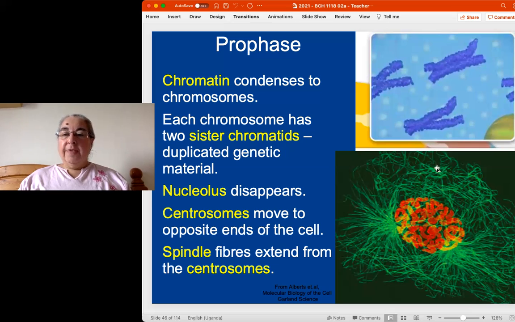I think you can just about see in this electron micrograph again that the chromosomes appear thick and two parts joined together. The other thing that happens during prophase is that the nucleolus disappears. Remember that the nucleolus is not actually a structure inside the nucleus of the cell.